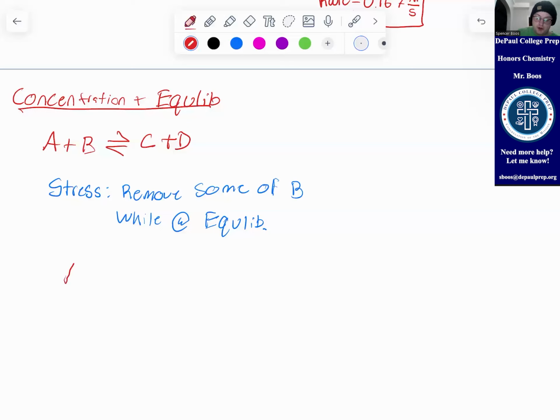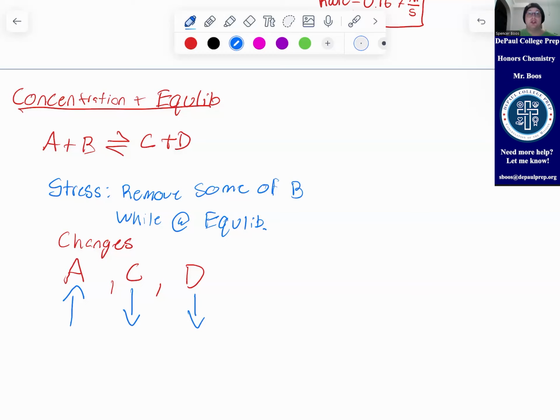If we remove some of B while at equilibrium, a couple things happen. There are changes for A, C, and D. When B is removed, D and C both go down. They've got to work harder to replace the B that was removed. But they also produce A, so A will go up.